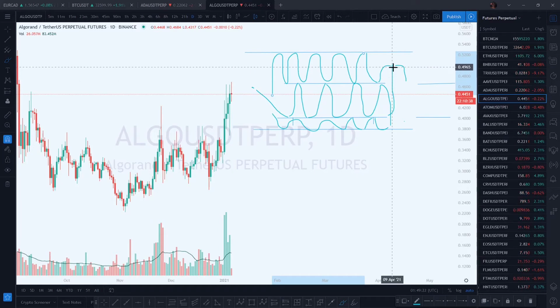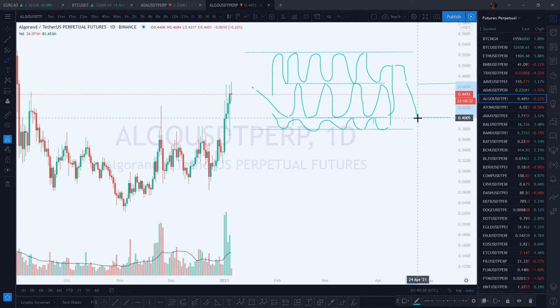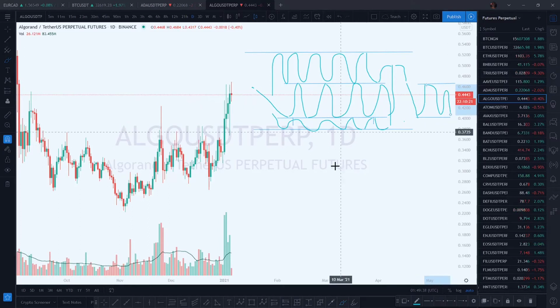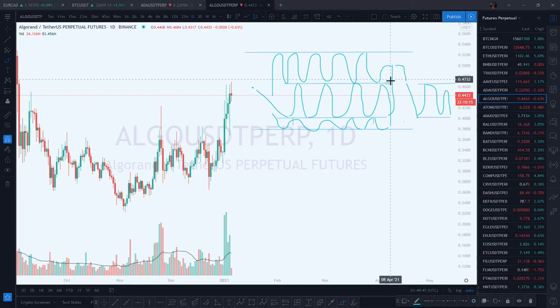If it bounces on top, comes back, instead of finding support on this upper table here, it can just come back down, find support at the old support, then come back to test this continuation of this table as resistance and continue.